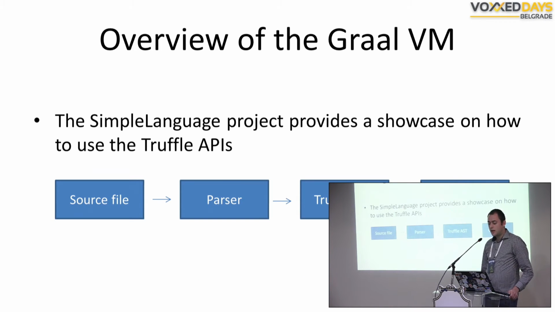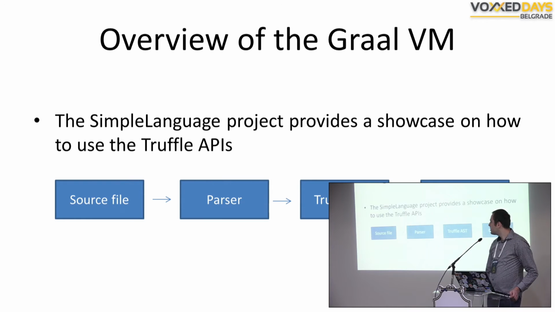However, if you want to start with your own language implementation, there is the so-called Simple Language project, which provides a very good starting point with a lot of documentation that you can use to create your own language, if you like. The Simple Language is really a showcase of how the Truffle API works in terms of the Graal virtual machine.